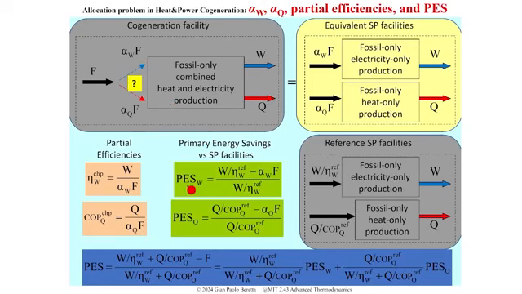And of course, you can also compute partial primary energy savings by comparing the amount of fuel that is used in separate production.